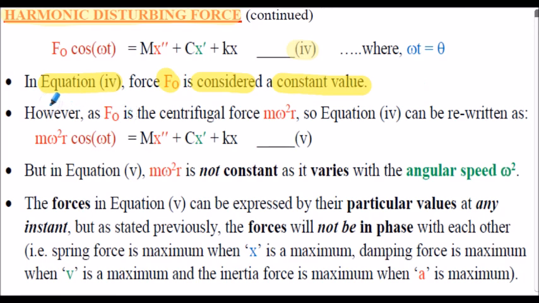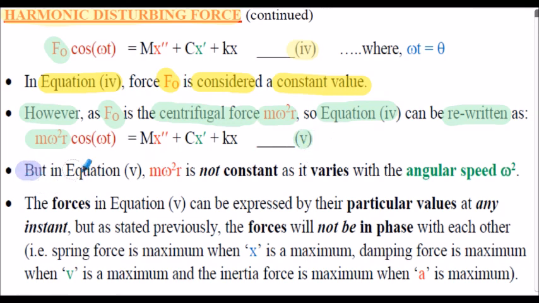However, for the particular scenario that we're considering here, our F0 force is actually the centrifugal force, denoted as m omega squared r. So equation 4 above could be rewritten as shown below, where the m omega squared r now replaces F0. Call this equation 5 for reference.